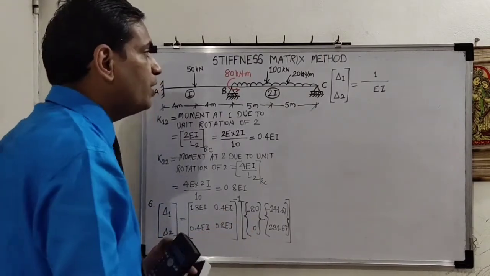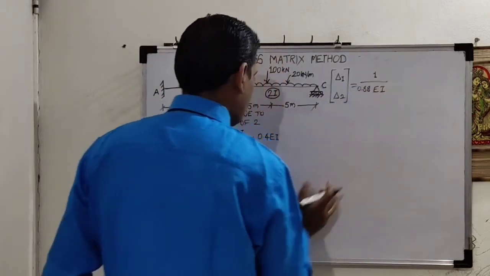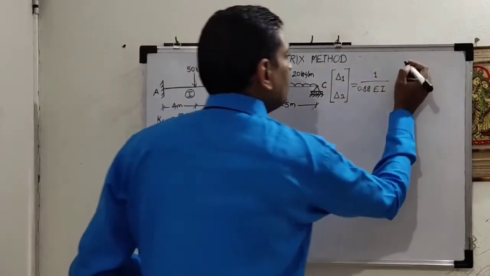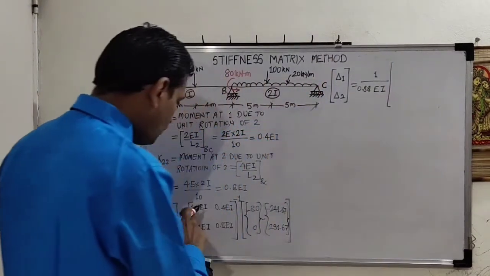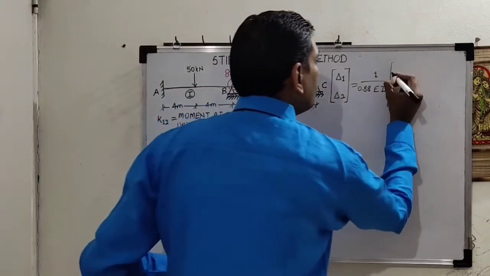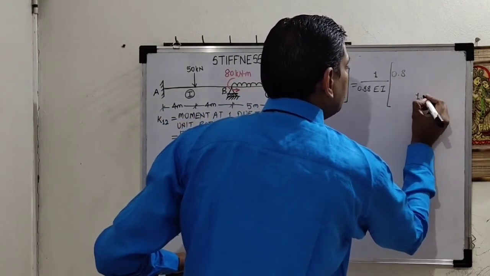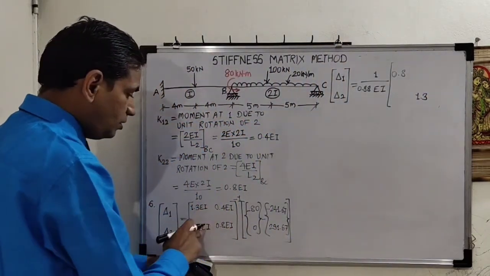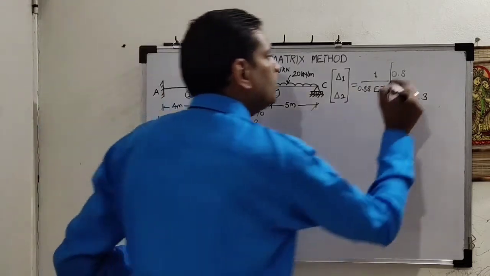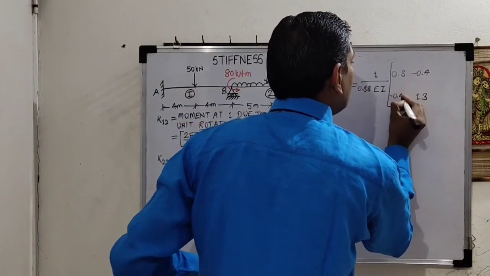So answer is 0.88. So this is determinant of the matrix. Then interchange of diagonal elements 0.8 and 1.3. Then reverse the signs of these two elements. So minus 0.4 each. Okay.